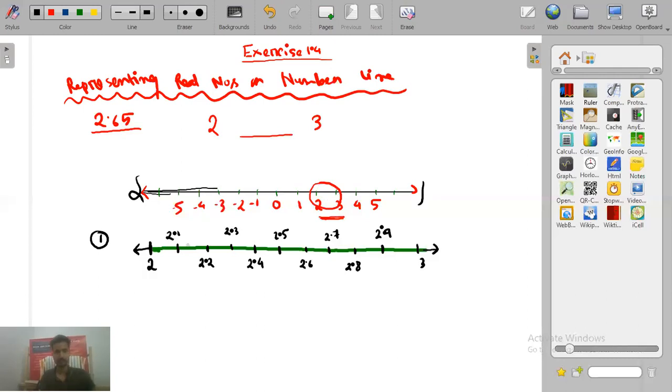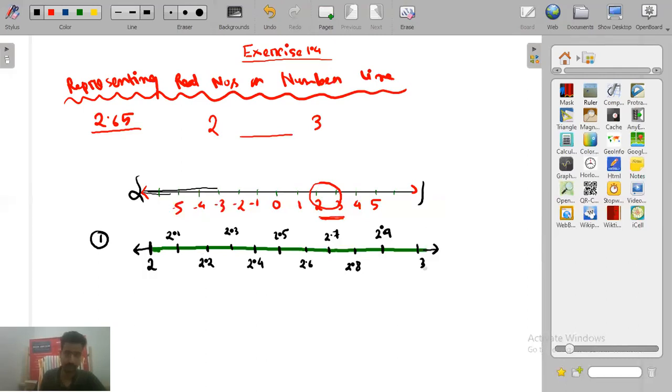Your first step will be to know which two numbers 2.65 lies between. It lies between 2 and 3. That's why I have drawn 2 and 3. Then again you have to divide 2 and 3 into 10 equal parts like this: 2.1, 2.2, 2.3, 2.4, 2.5, 2.6, 2.7, 2.8, 2.9, 3.